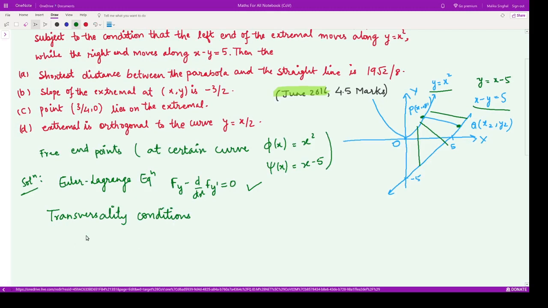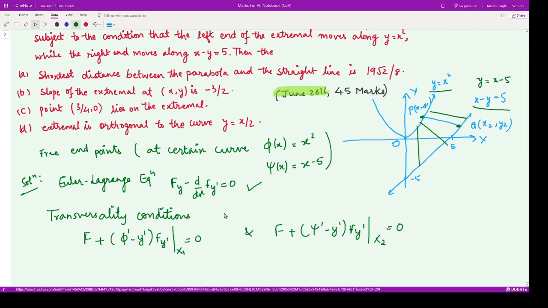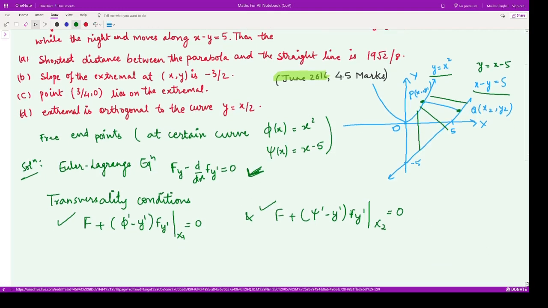They are [F + (phi' − y') F_y'] at the point x1 is equal to 0, and [F + (psi' − y') F_y'] at the point x2 is equal to 0. So for this question, you must remember these 2 conditions in addition to the given Euler's equation, right? So let us solve these equations.